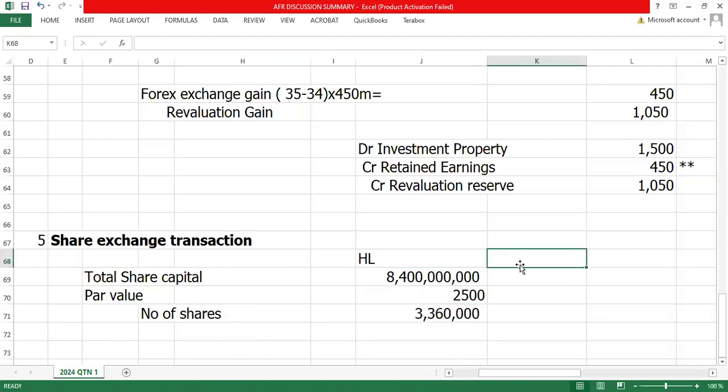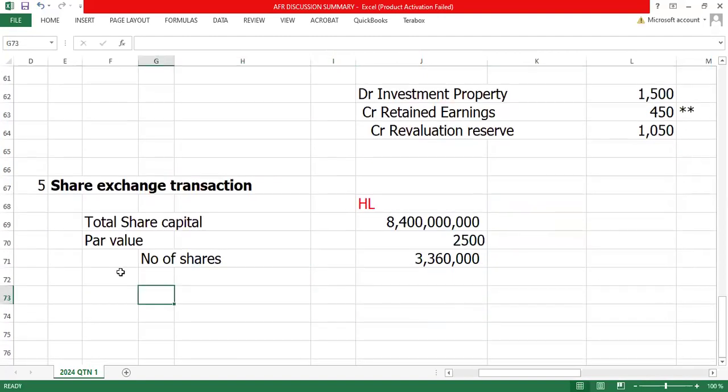So these are our number of shares. What about in the other? Now, remember, you as Deru, you acquired what percentage in HL?